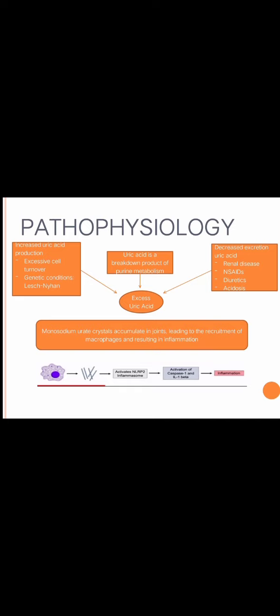So macrophages come along and see these crystals and start to phagocytize the crystal. Then it activates the NLRP3 inflammasome, causing an activation of caspase-1 and interleukin-1 beta, resulting in inflammation which causes damage to the joints.